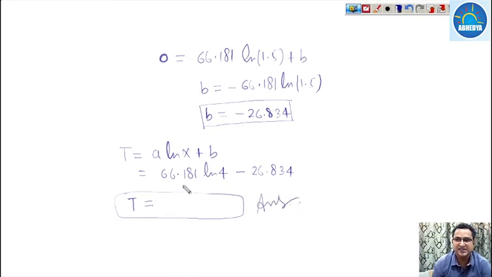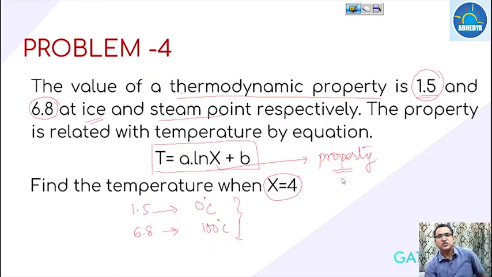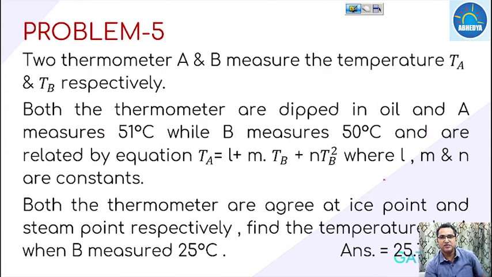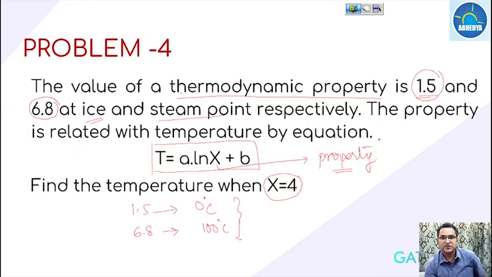The answer is 64.9, approximately 65 degree centigrade. So 65 degree centigrade is the temperature when the property value is 4. Okay, so here the answer will be T is equal to 65 degrees centigrade. This will be the temperature.